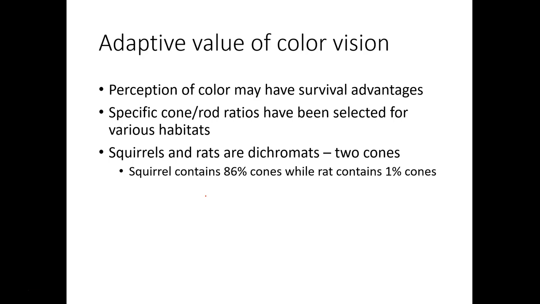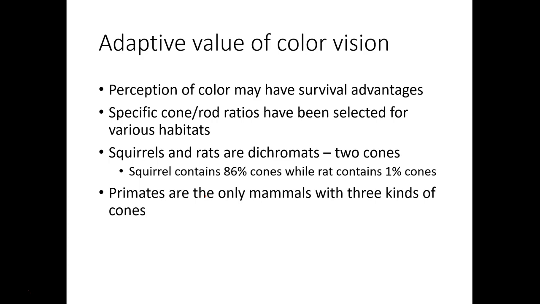So this illustrates that the ratios of cones to rods have been selected for various habitats. But what's incredible is that primates are the only mammals that have 3 kinds of cones. What may have been the advantage for us to be able to see the world in so many different colors?